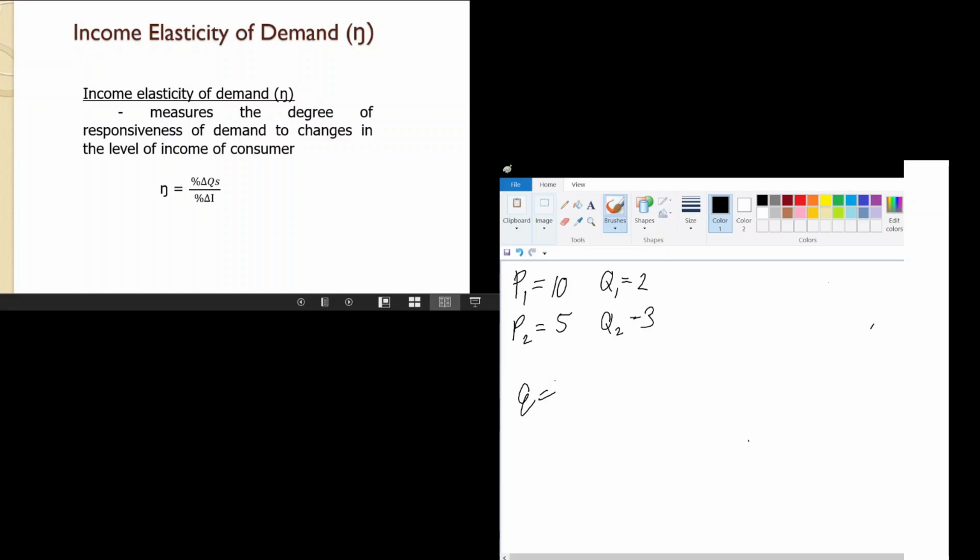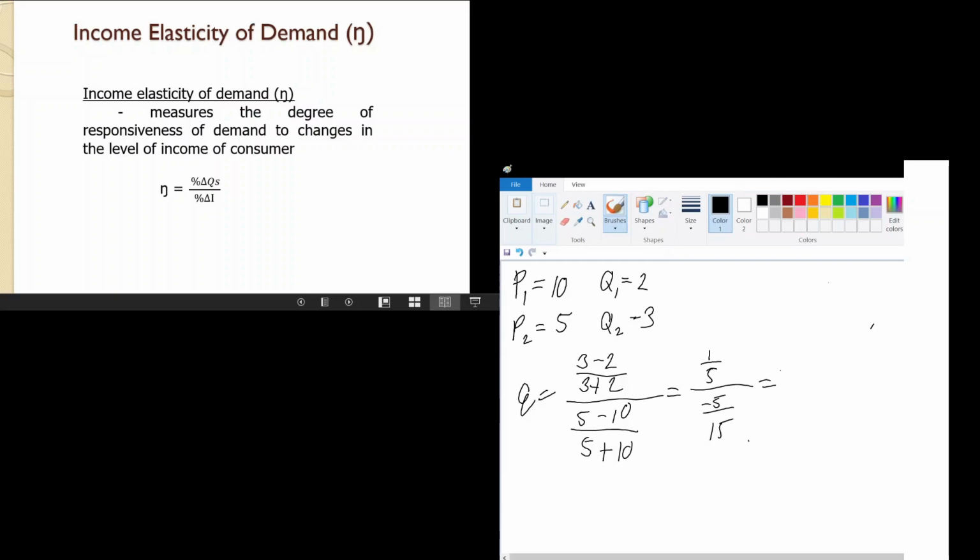So, sabi natin kanina, we have here 3 minus Q1, 2, then Q2 plus Q1 all over P2 minus P1 over P2 plus P1. Okay, so we have here 1 over 5 all over negative 5 over 15.